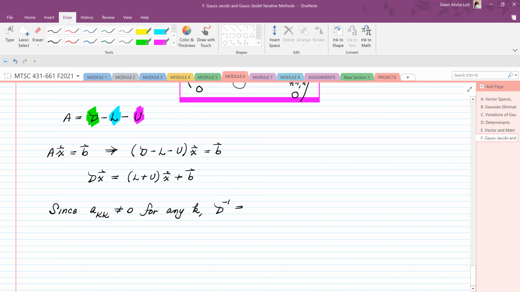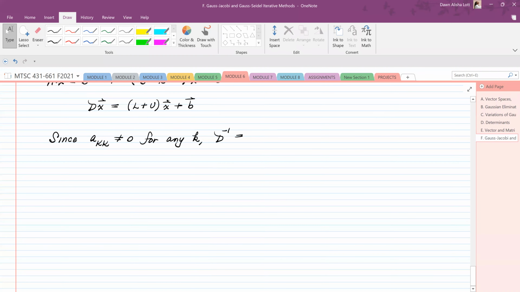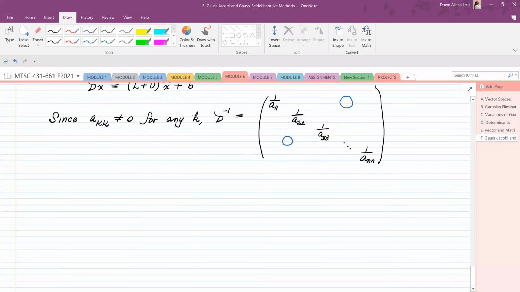D inverse is just the matrix with 1 over A11, 1 over A22, 1 over A33, down to 1 over ANN on the diagonal, and zeros elsewhere.